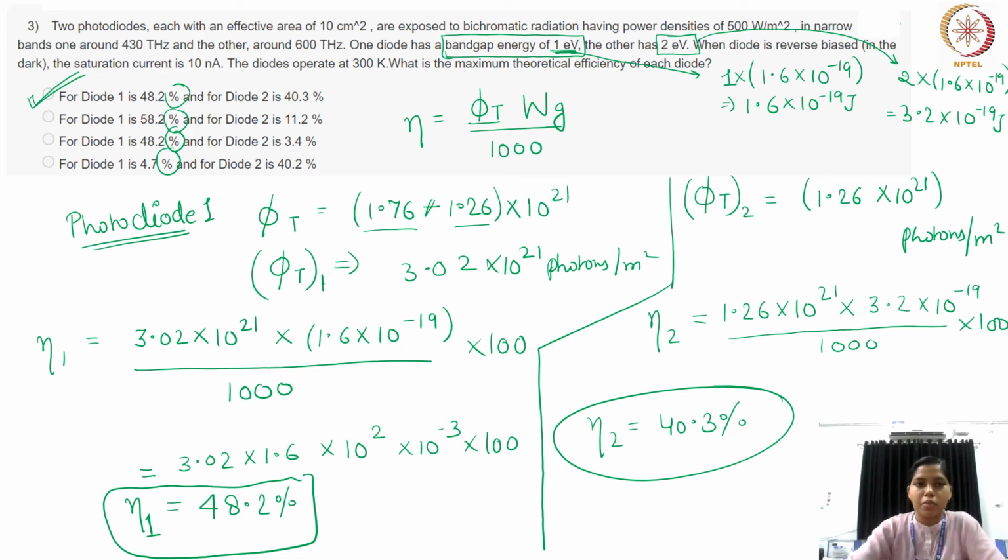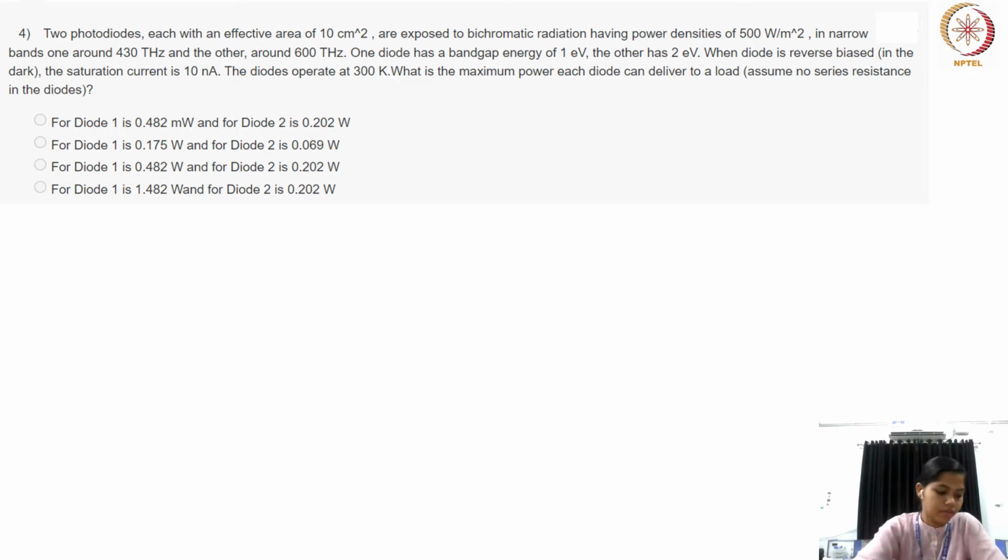Okay, so let's move on to the next question. Here, all the information that we were using till now is the same. The effective area is still 10 centimeter square. The power density value is again 500 watt per meter square.